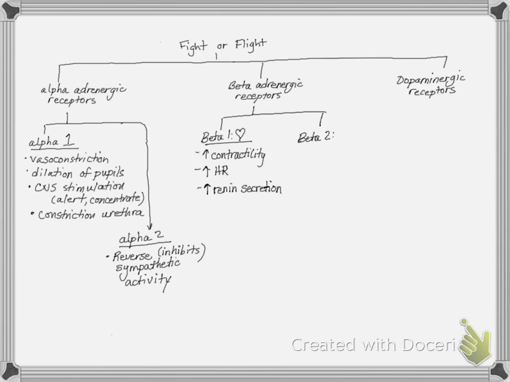Okay, and then we have beta 2s. These are our lungs, or they're in the lungs. They're going to cause bronchodilation, because we want to be able to get a bunch of air into our lungs so that we can run or we can fight, okay?